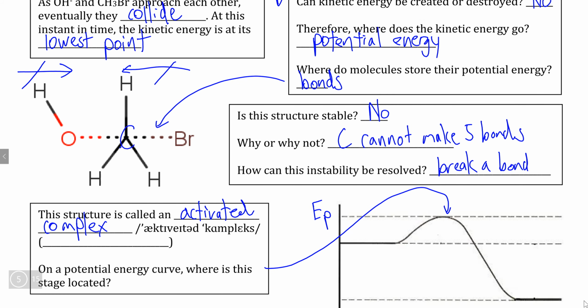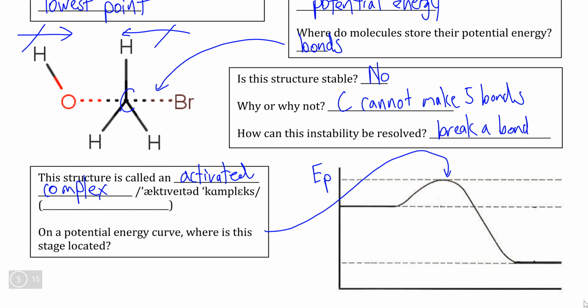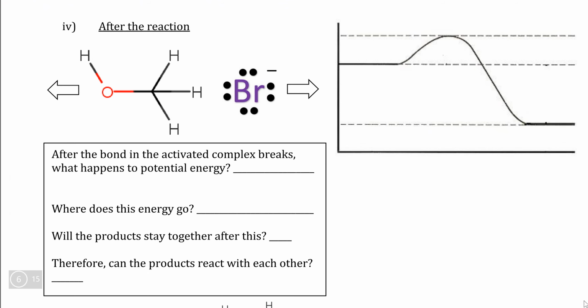Activated complexes, in short, are a combination of all chemical reactants within the reaction itself hitting each other, resulting in a temporarily highly unstable structure where one of the newly formed bonds is going to break. And that's exactly what we see subsequently.